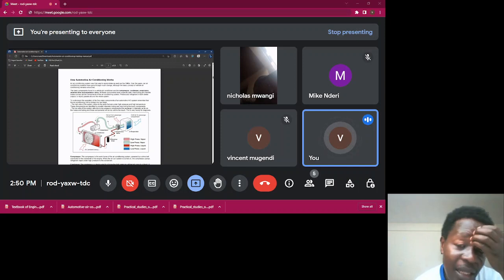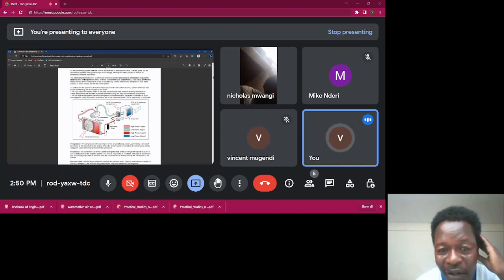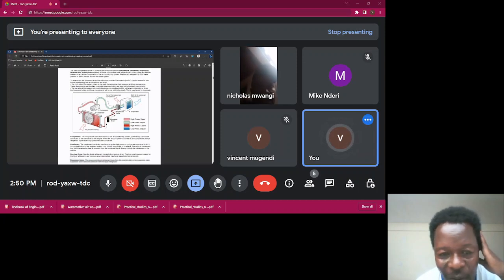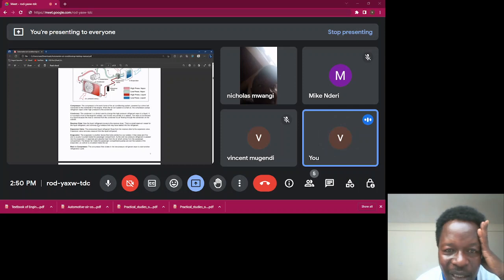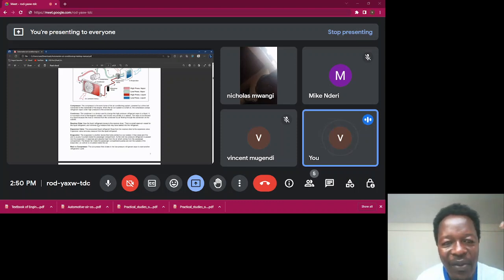So that is the whole system of car air conditioning, and all the explanations are down here. The compressor's work in an air conditioning system is powered by the driving belt that we have discussed.